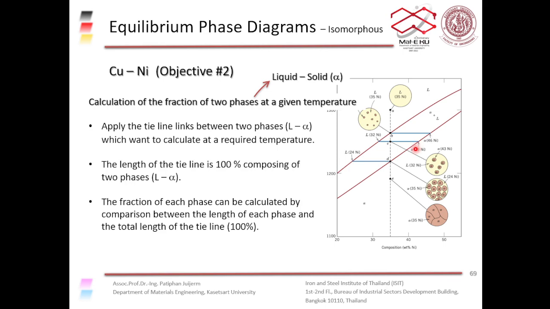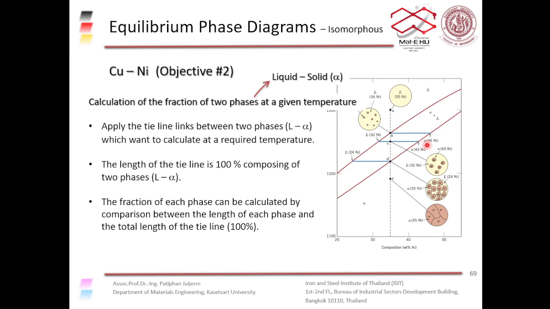You take the temperature that you are interested in and draw a tie line parallel to the x-axis. Say, for example, if you're interested in 1280 degrees Celsius, which is here, you draw a tie line here. The tie line will intercept the liquidus and the solidus.